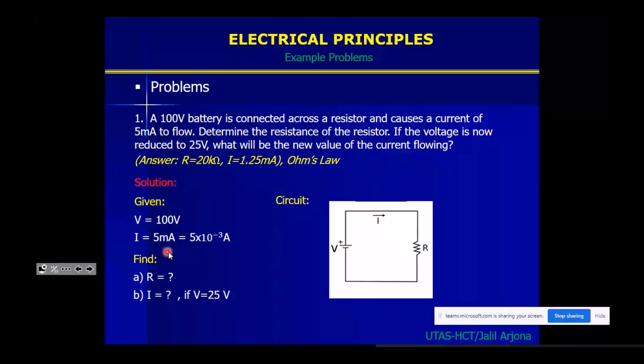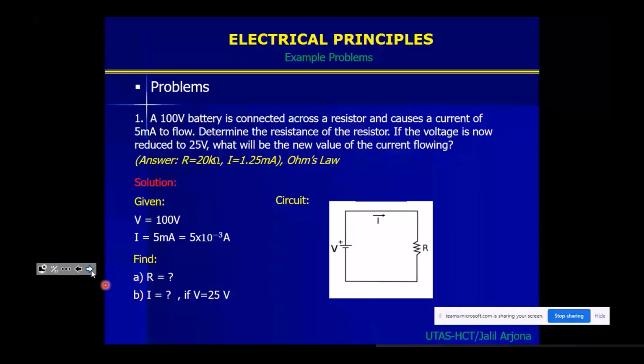You have to convert that into a basic unit, 5 times 10 to the minus 3 ampere. The question is to determine the resistance of the resistor, so we are looking for the R. And B, the next statement is, if the voltage is now reduced to 25 volts, what will be the new value of the current flowing? So we are asking again for I, if we change the voltage to 25 volts. So let us solve A and B.